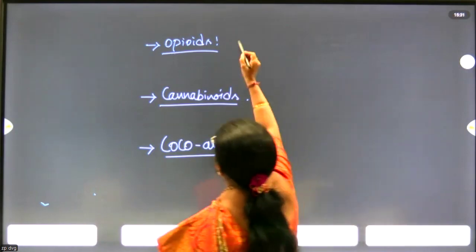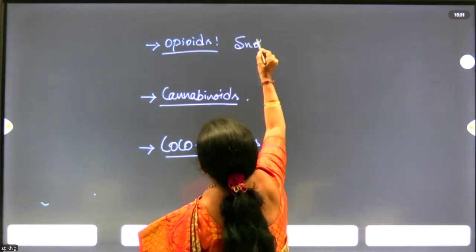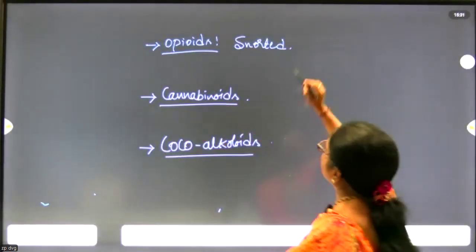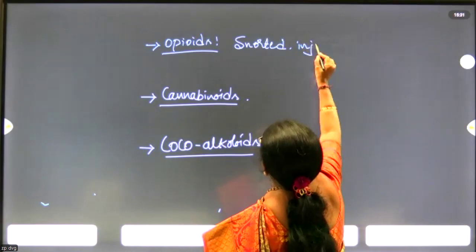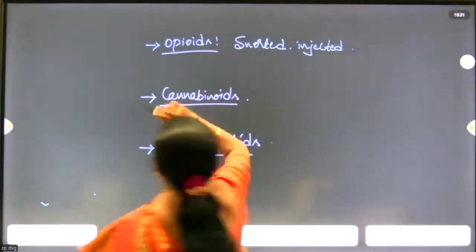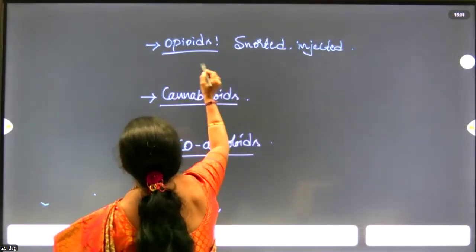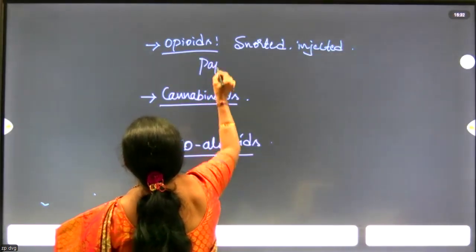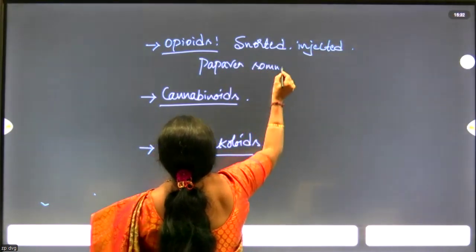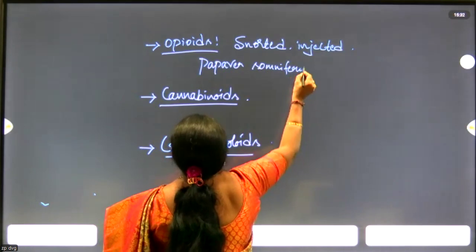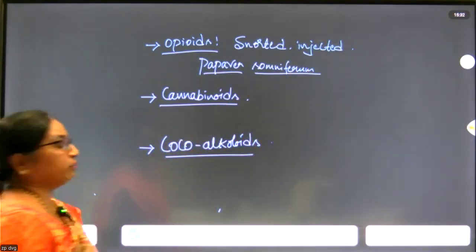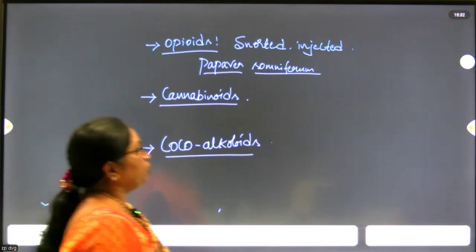So they are snorted, or they are injected. These are drugs which are obtained from the plant called Papaver somniferum, also called the poppy plant. Papaver somniferum is the source plant of opioids.